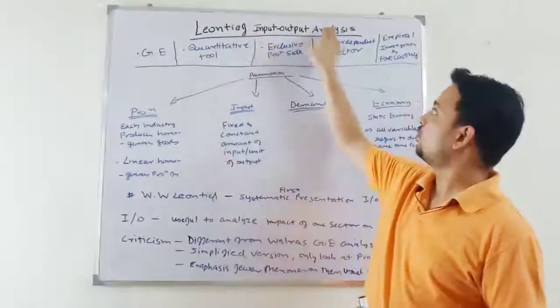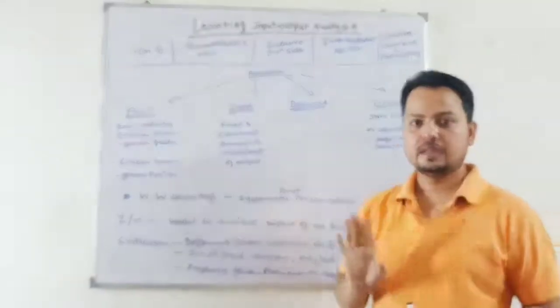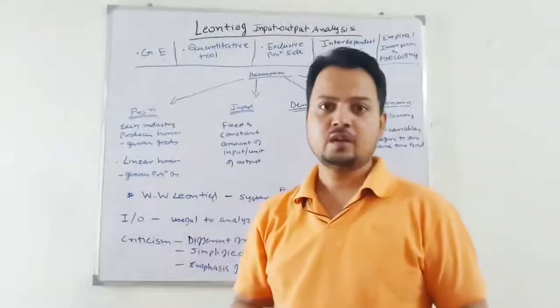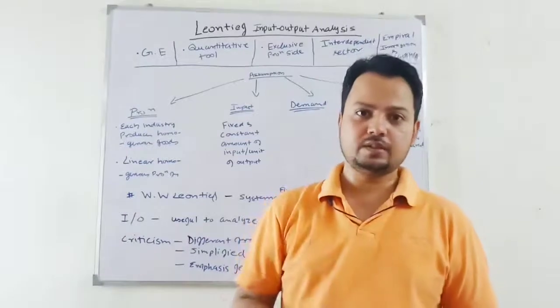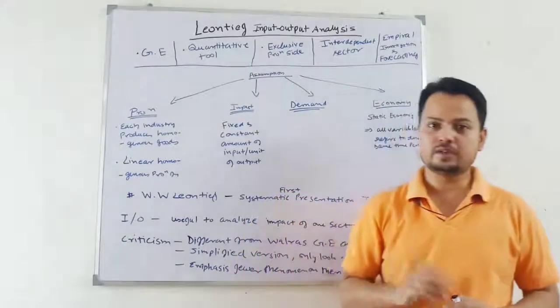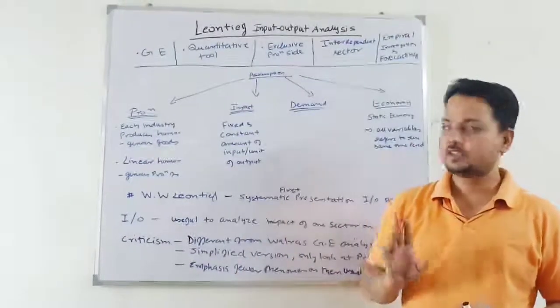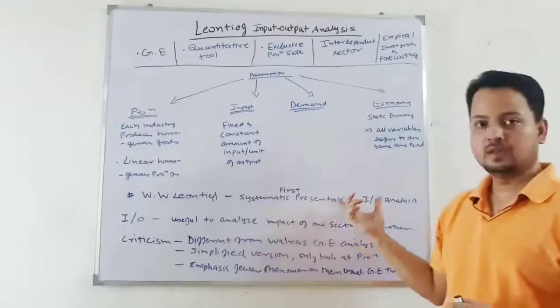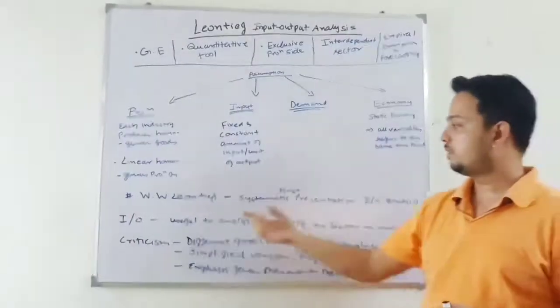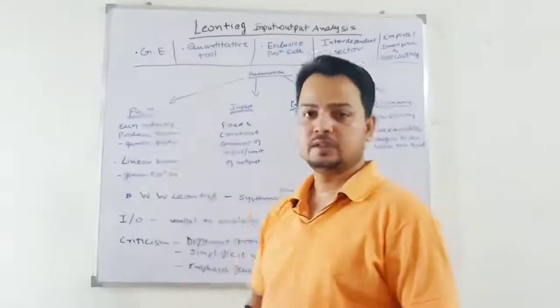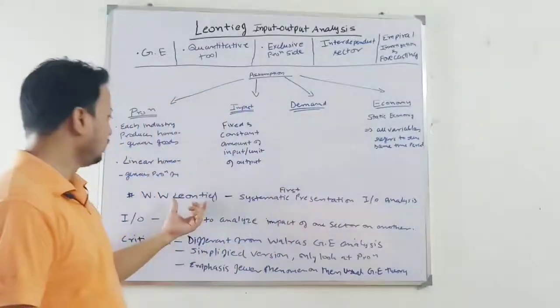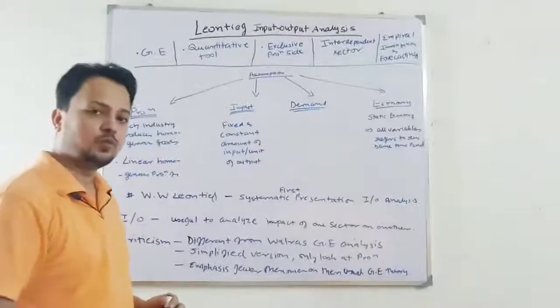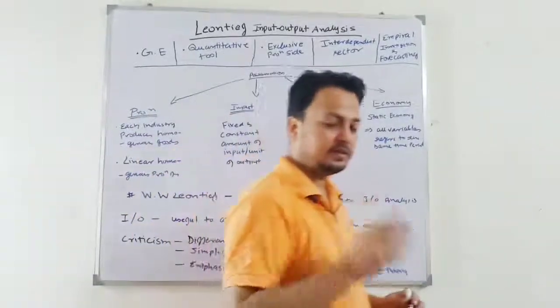So input-output analysis is a general equilibrium analysis, but a simplified version. The first systematic format of input-output analysis was given by Leontief. So remember this name, Leontief. That is why it is called the Leontief input-output matrix analysis.